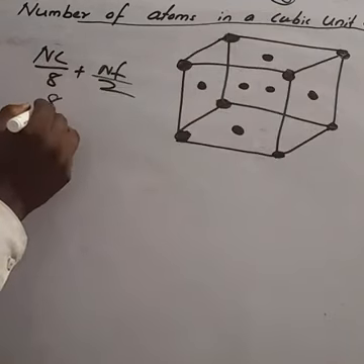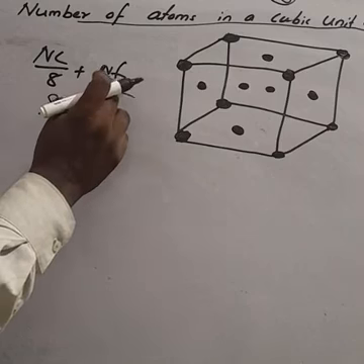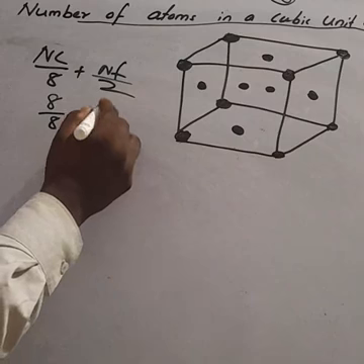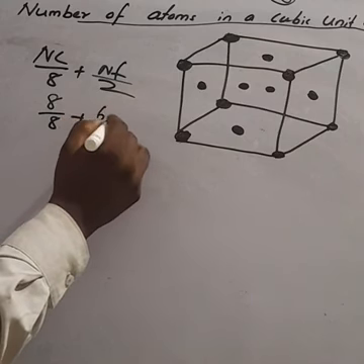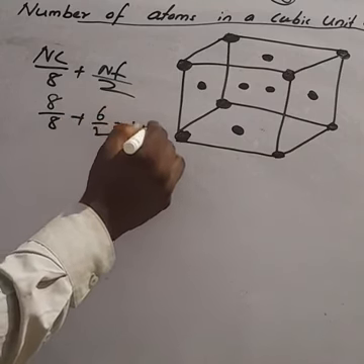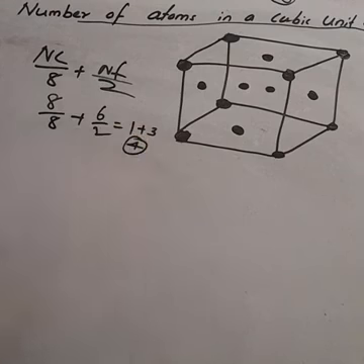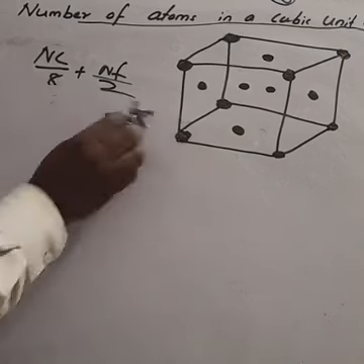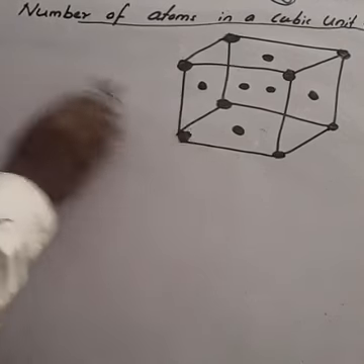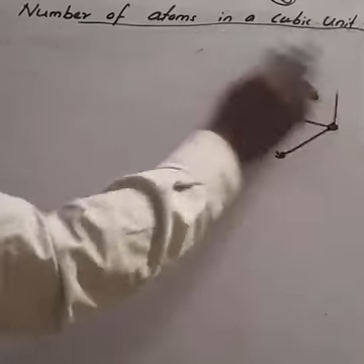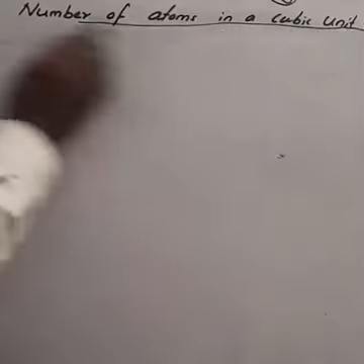As per the formula, 8 by 8 plus the number of faces, which is 6, divided by 2. So 8 by 8 is equal to 1, 6 by 2 is equal to 3, and 1 plus 3 is equal to 4. Am I right? So this is about the face-centered. Previously we discussed the body-centered, face-centered and simple cubic. Everything we learned about that.